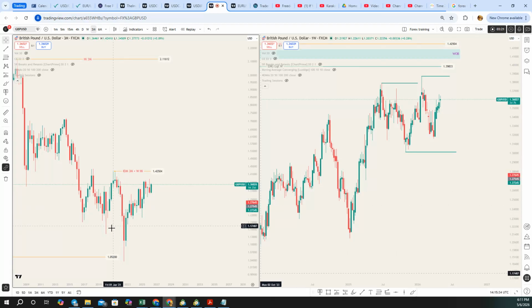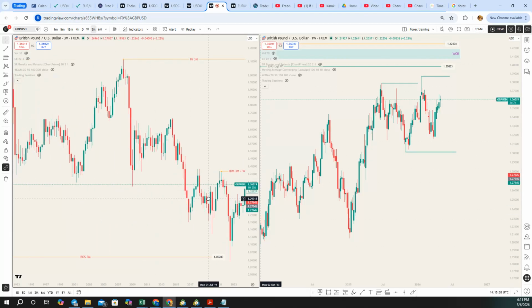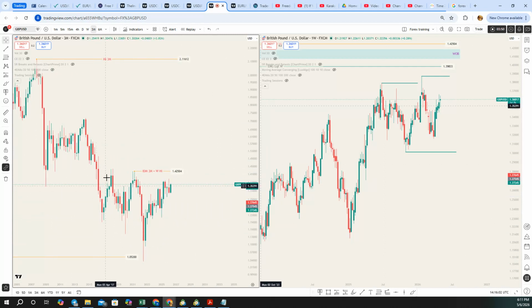But let's say the pullback was in this area. What will solve this? We cannot take this because we have this order flow. What is an order flow? It is one of the points of interest that we look at in our market structure and for our opportunities: the opposing move before continuing in the main move. The main move here is that we are going down, so this is the opposing move. So this is the order flow here.